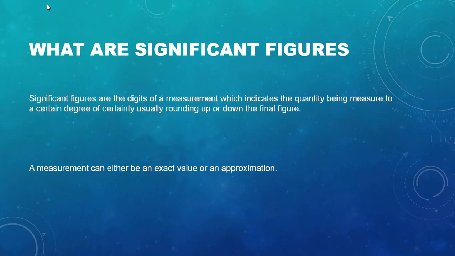Some examples of approximation would include the time light travels in 1 year. That's an approximation. Another approximation could be the length of a wire, right? So that's just a side note in terms of an exact value and an approximation.